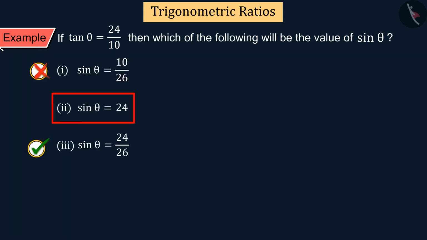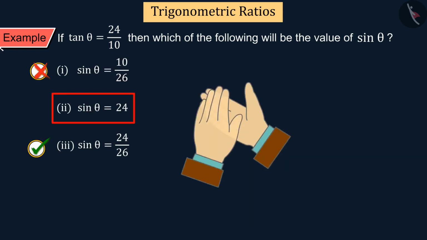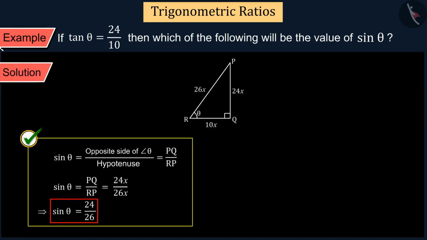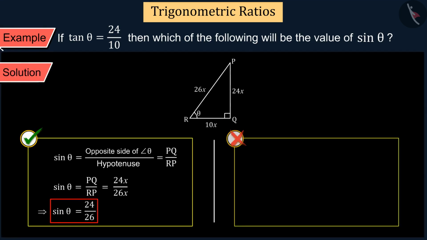If you chose option 2, then it is a good try, but this is also the wrong answer. This happened because in the value given in the question, you have written tan theta as sin theta upon cos theta and compared the two sides, and you got the value of sin theta as 24, which is wrong.